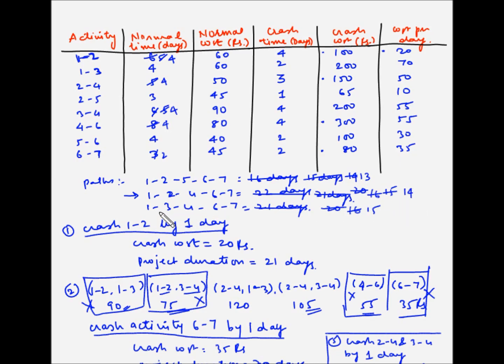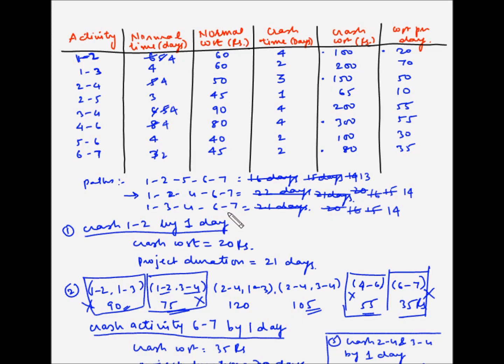The next one, 1, 3, 4, 6, 7 has 3-4, and 3-4 has been crashed by 1 day, so the duration again becomes 14 days. So now again for crashing this project, let's find out the critical path. So again the same paths 1, 2, 4, 6, 7 and 1, 3, 4, 6, 7 are critical.